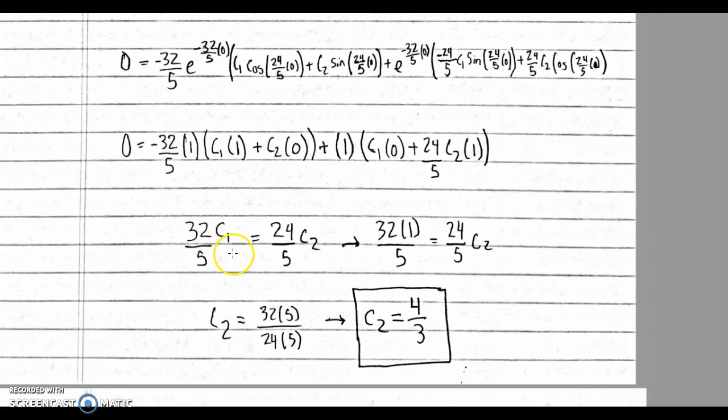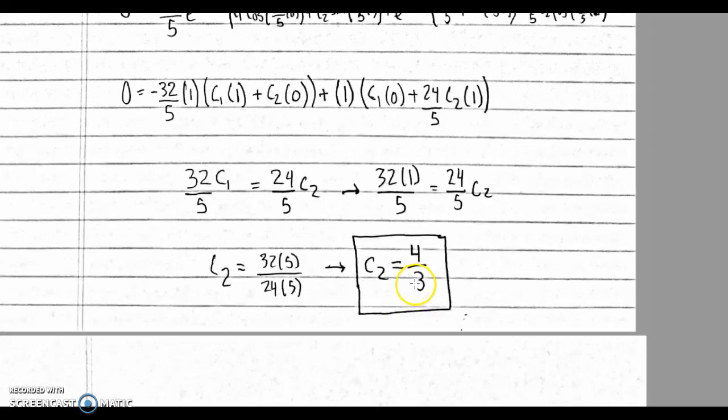Simplifying this equation down further, we'll have 32 fifths c1 is equal to 24 fifths c2, and then solving for c2 and substituting our c1 value of 1 into the equation, we will solve our c2 to be 4/3.